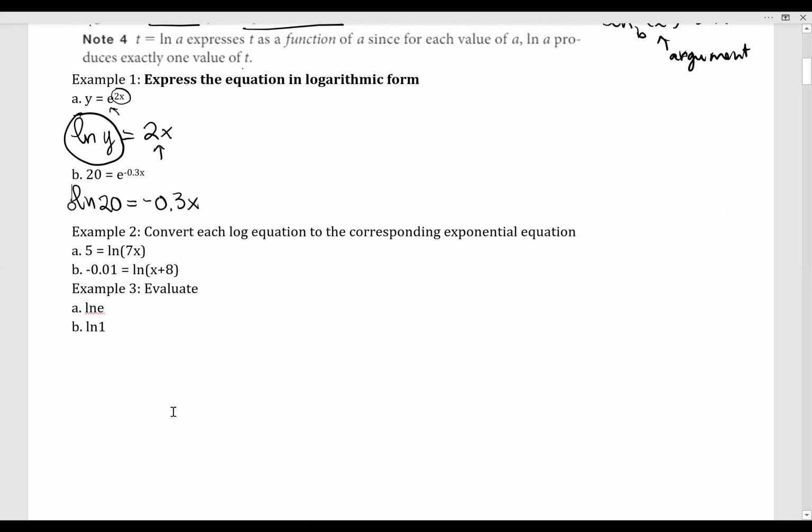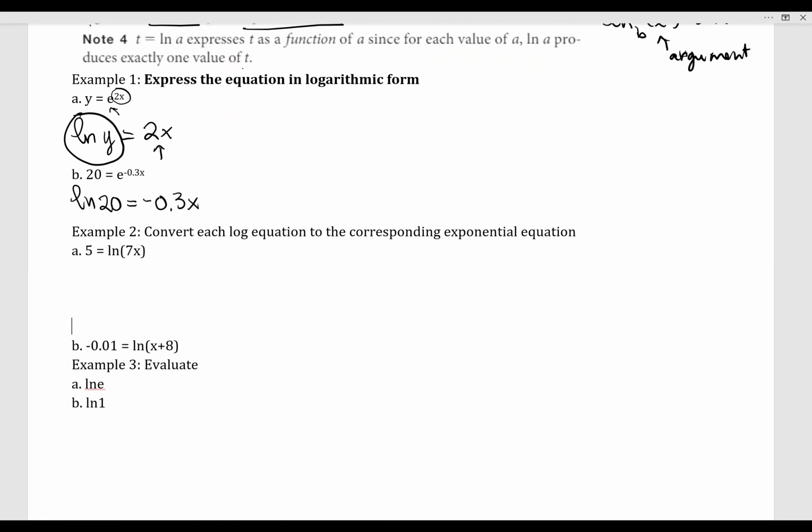Example 2. I want to convert each log equation to the corresponding exponential equation. This will be an easy one, because from the definition of the log, you can easily say that the base here is raised to 5 and equals the argument, right?